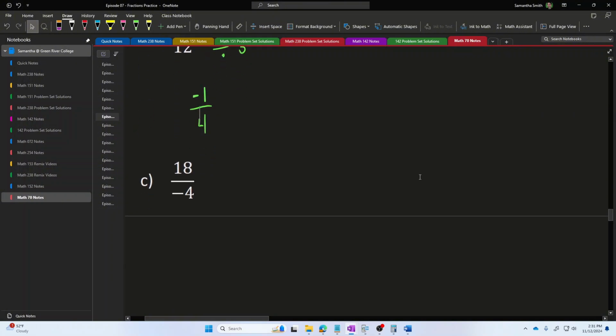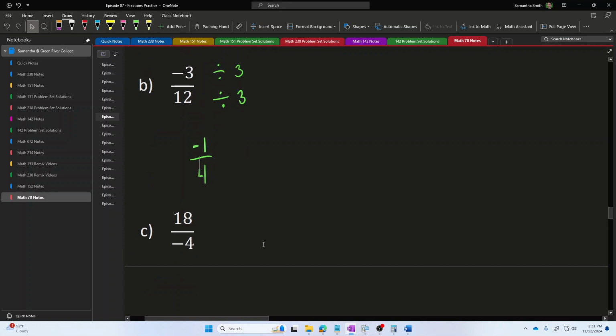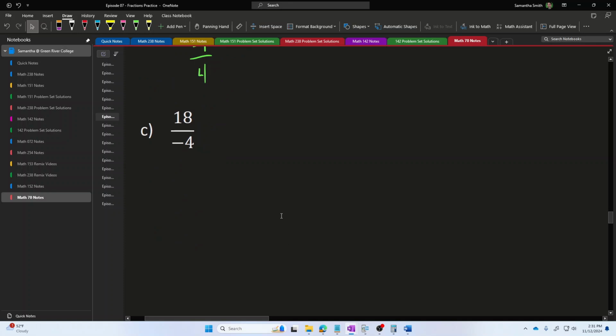Now, when we are simplifying fractions, we typically try to make sure that the denominator ends up as a positive value. So in a situation like what is in part C, 18 over negative 4, I'm going to see if I can divide the numerator and the denominator by something that will leave the denominator as positive in the end.